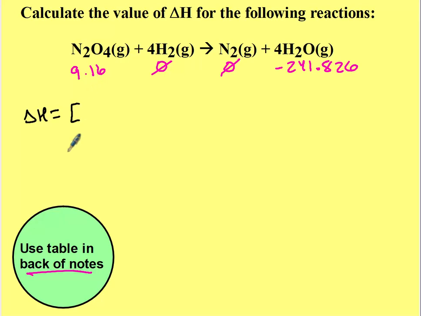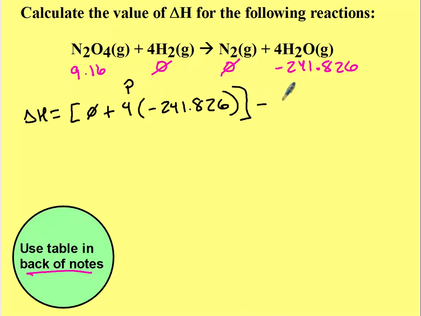So first, I'm going to do my products. When I have more than one, I need to multiply by the coefficient. So I only have 1 nitrogen, but I have 4 waters, so 4 times negative 241.826. Again, these are my products minus all of my reactants.